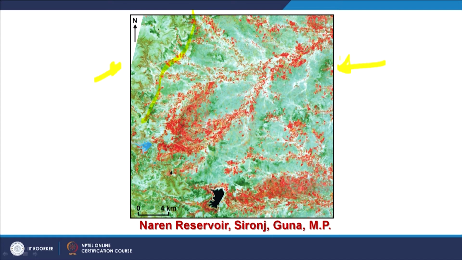But the things which I wanted to show you, see these reservoirs, this is an Indian remote sensing satellite image, IRS LISS-3 image, and it is a false color composite, and therefore the vegetation is appearing in red color, because the infrared channel which has the maximum reflection has been assigned a red color.